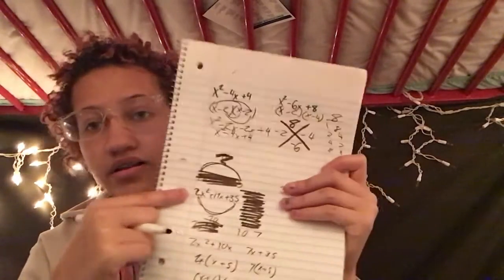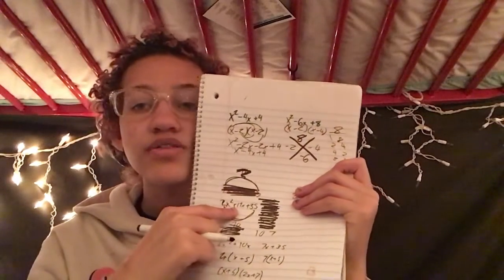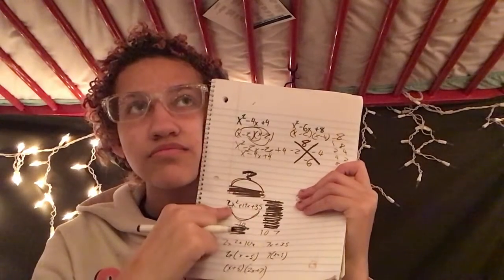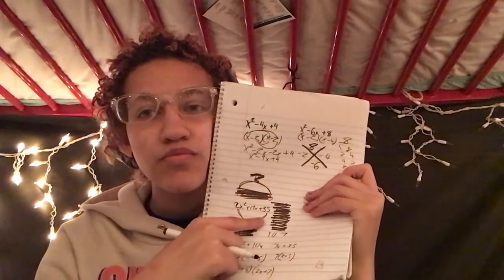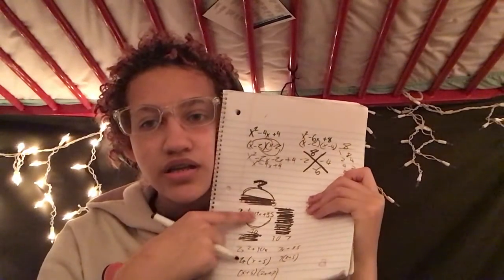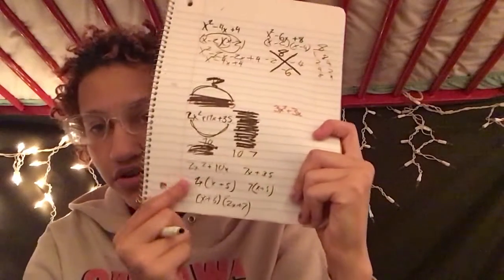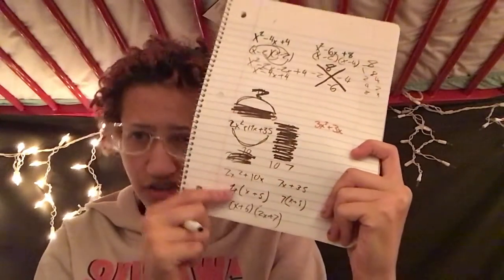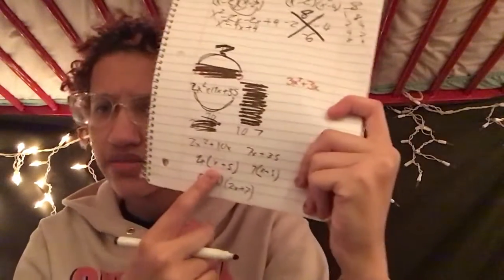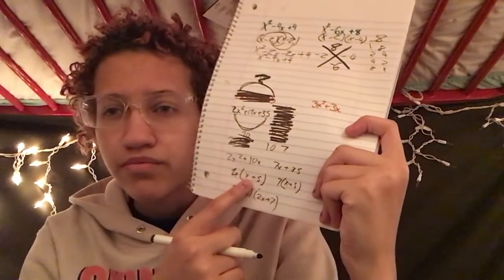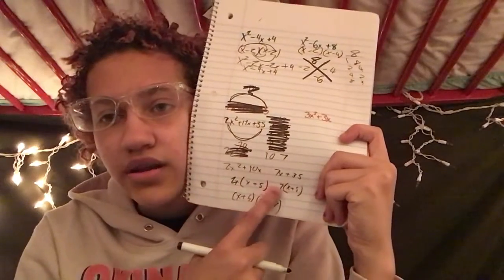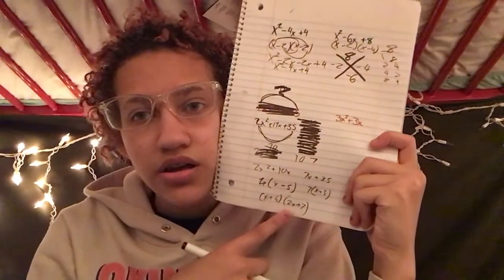You just split up this middle term to find something that multiplies to the product of these two and adds up to this, and then you get two sets of binomials, and you factor those individually, making sure the parentheses have the same terms. Binomial, that's the word. And then bring that down, and take the stuff on the outside of them and put it in the next parentheses. So that's how you factor that.